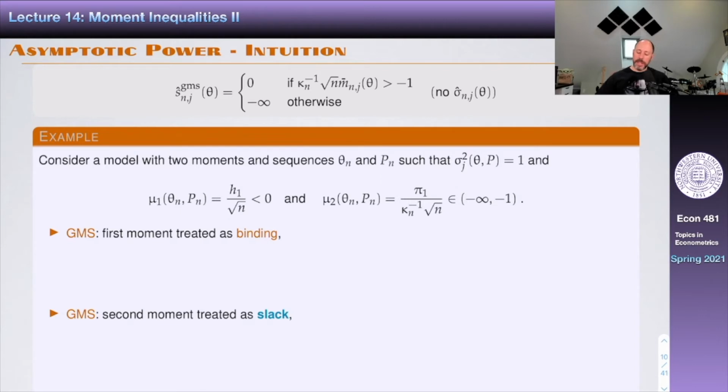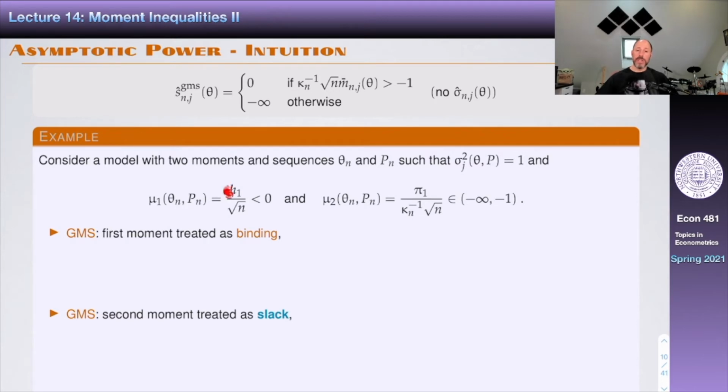And look what I did. The first moment is a sequence. I'm considering sequences of distributions because, again, when we think about uniformity, as I said earlier, we want to consider sequences and sequences at different rates, okay? While you can consider a lot of different rates, this is the one that I care about in this example, which is that the first moment is going to 0. It's going to 0 at what rate? h1 divided by square root n, okay?